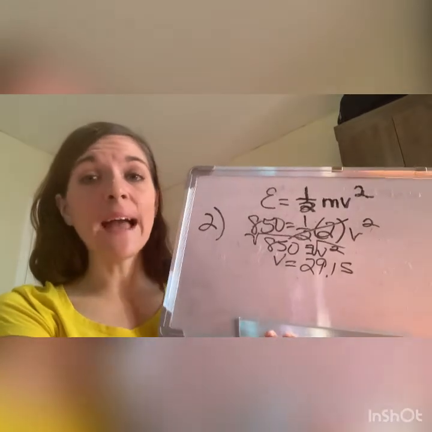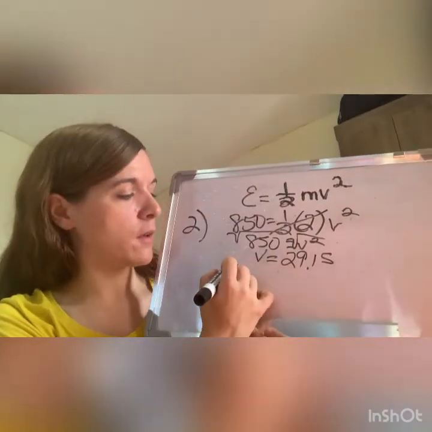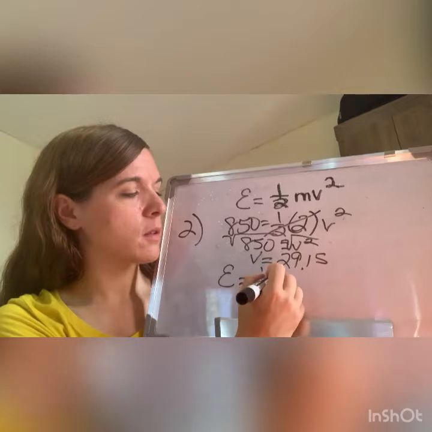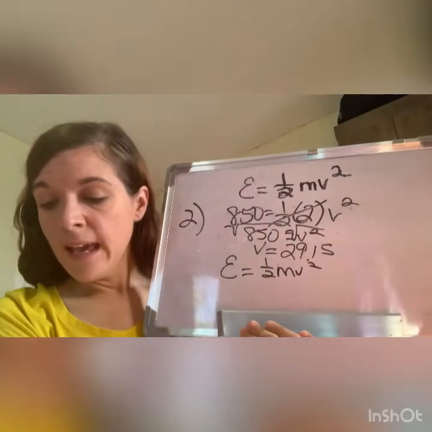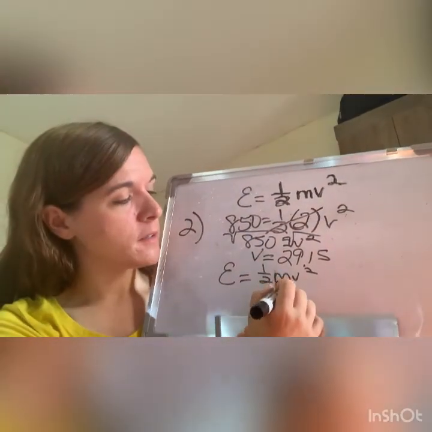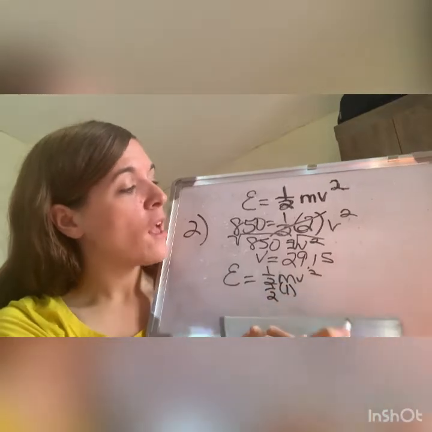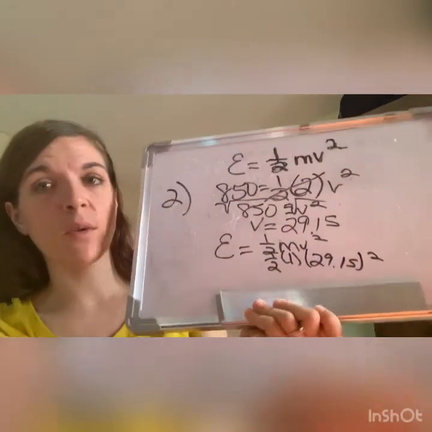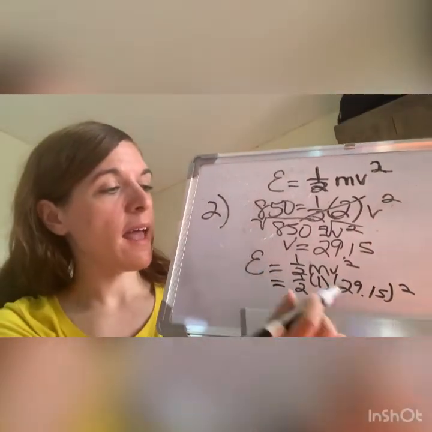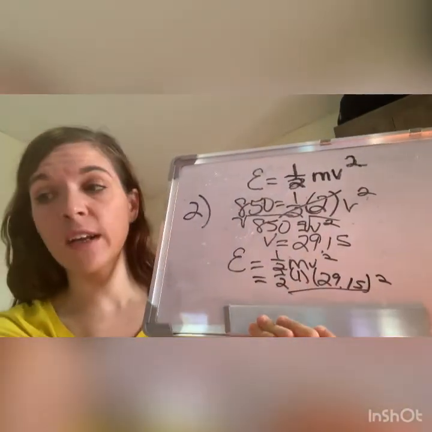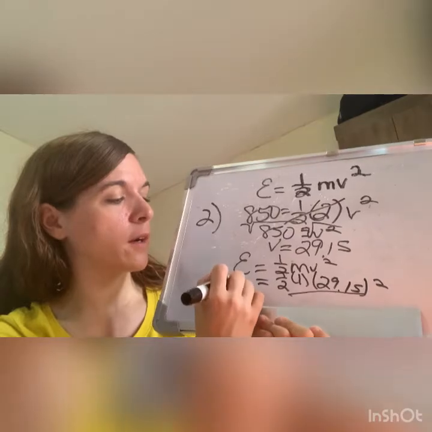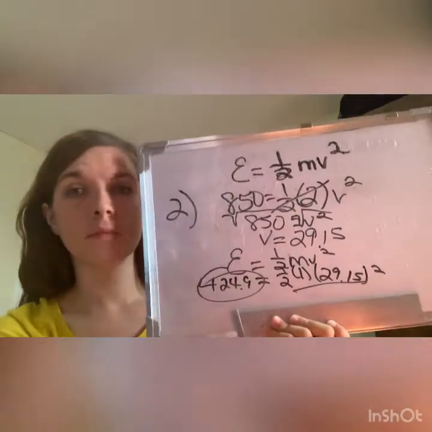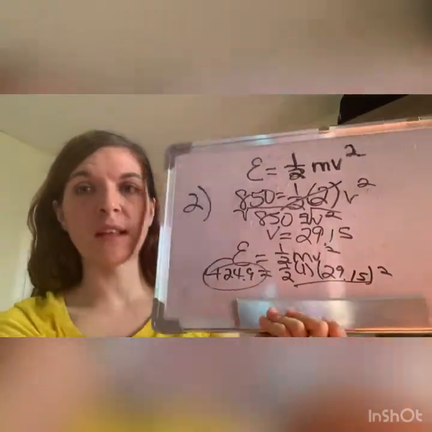So now you go back into the equation of kinetic energy, with a mass of 1, right? The velocity is 29.15, but remember you're going to have to square it, which is what I forgot the first time I did it. And then when you multiply all this stuff together, you're going to get 424.9. Okay? So that's going to be number 2.